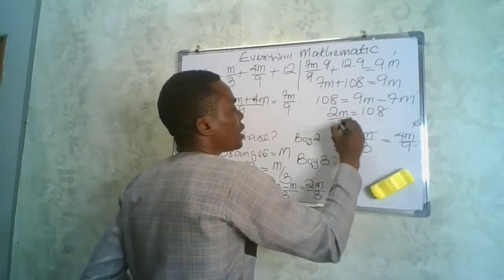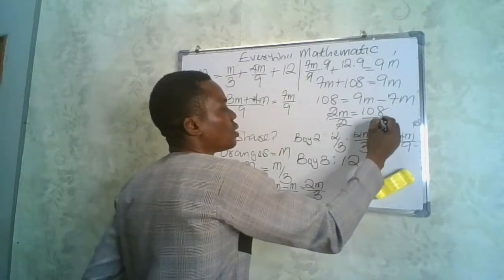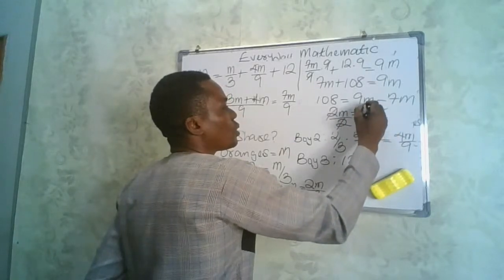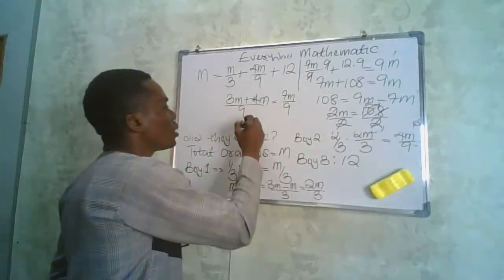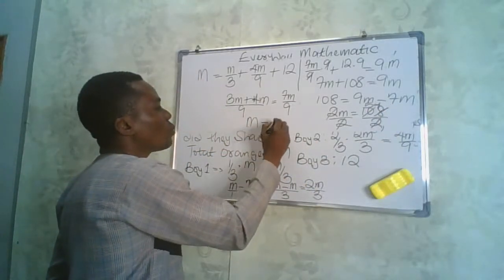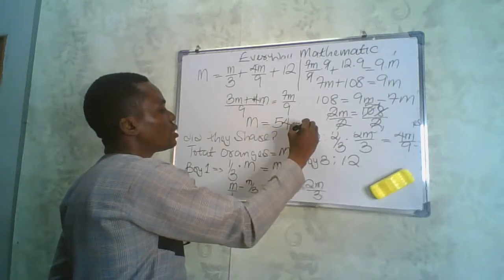If I divide both sides by 2, the 2 clears the 2, and 108 divided by 2 gives 54. So at the end, m is equal to 54 oranges.